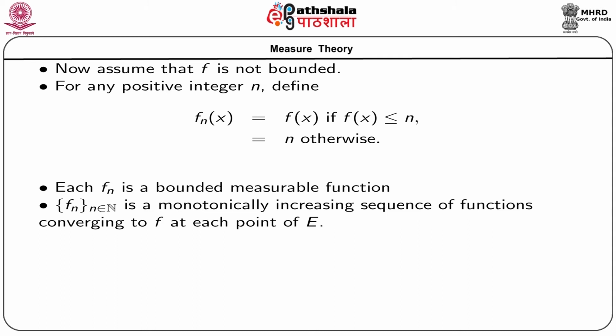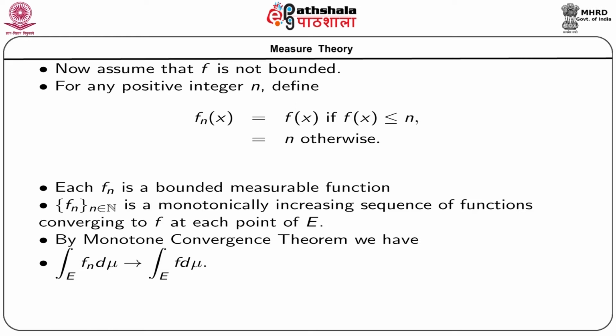So, we have a constant sequence which is convergent to f x, and if f takes the value infinity at the point x, in that case for each n, f n x equal to n, which in any case tends to infinity.